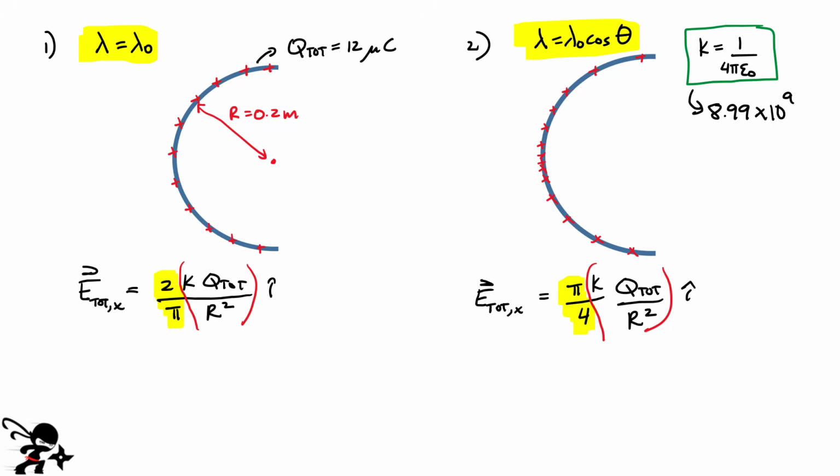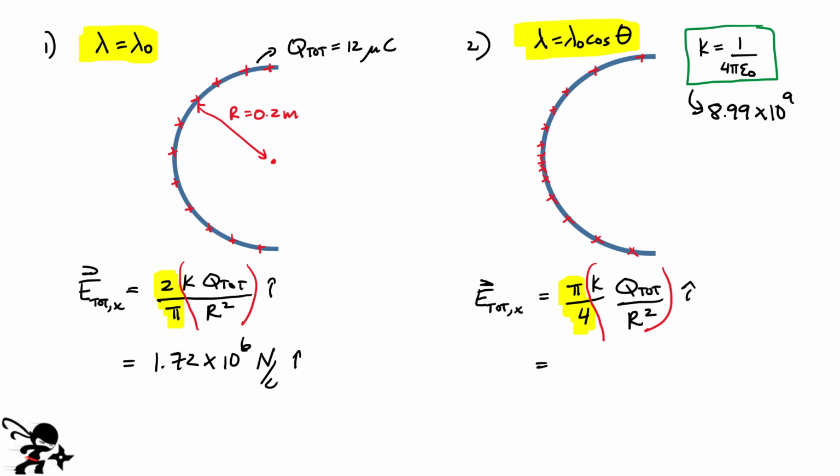Now if we substitute our numbers, the k value is 8.99 times 10 to the 9. You substitute all of this, and for the uniform charge distribution, I got 1.72 times 10 to the 6, measured in newtons per coulomb. And for the non-uniform charge distribution, I got something a little bit bigger.